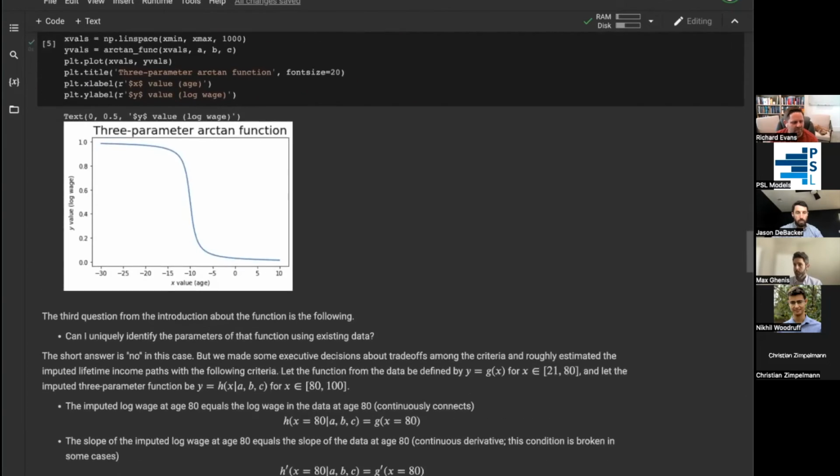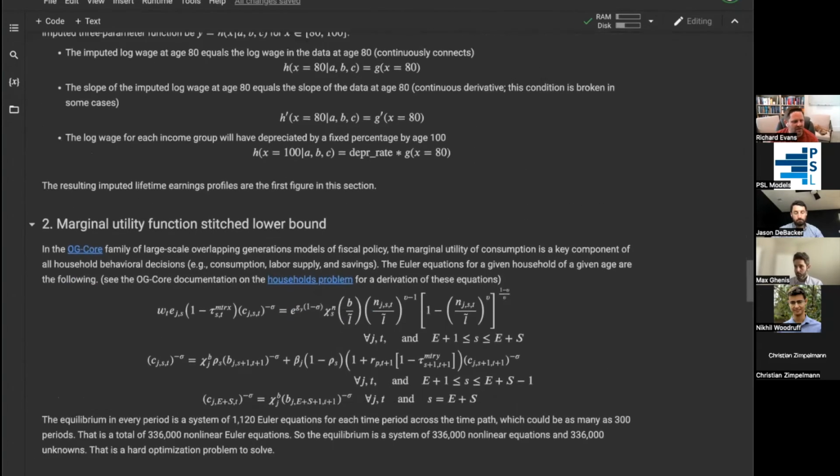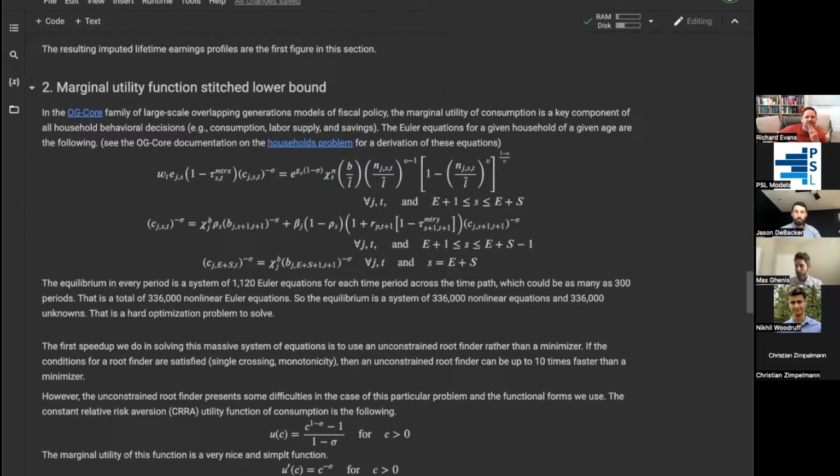Okay. The next one, this marginal utility of consumption example, is one that ended up being a really key speed up in a super big nonlinear simultaneous equation, root finder problem.